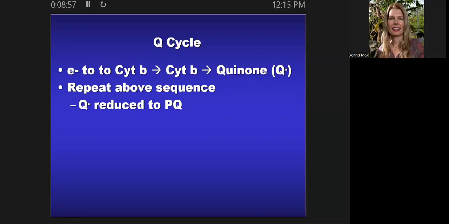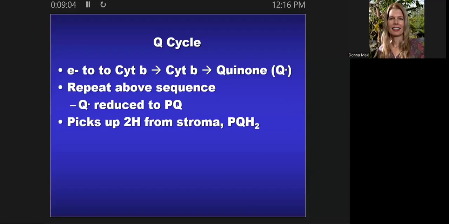And then it's not quite happy yet. It needs 2 protons. So again, we're going to get those from the stroma. So 2 protons are going to be picked up and attached to PQH2. So now they're no longer free protons. So you've essentially made free protons disappear from the stroma.